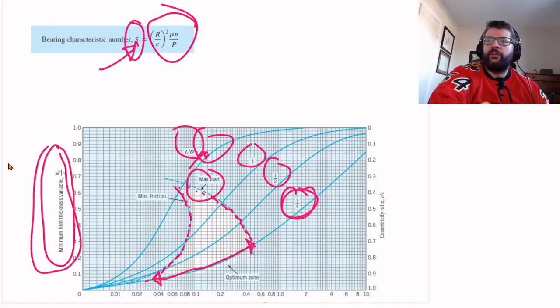Our minimum film thickness will start out small and then increase. At this point, that's the bearing characteristic number that corresponds to the minimum friction. And at this point, that's the one that corresponds to the maximum load that can be carried.